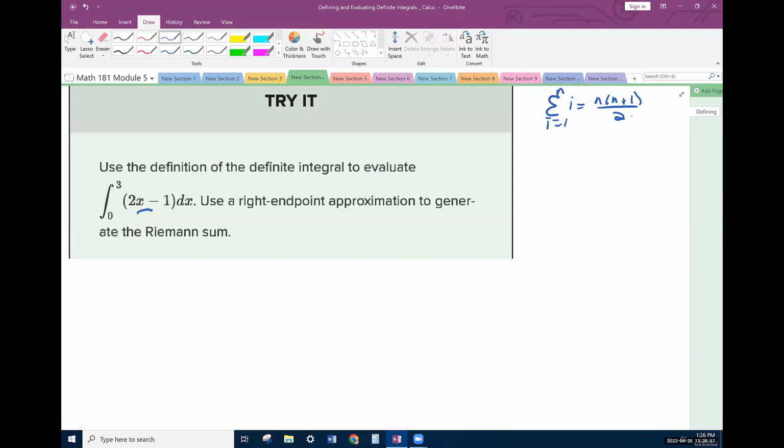So let's start off. Our delta x is going to be 3 minus 0 over n, so 3 over n. Our xi is going to be the left endpoint, 0 plus i times the delta x. So it's going to be i times 3 over n, which is 3i over n.